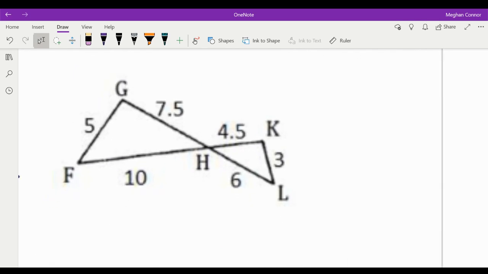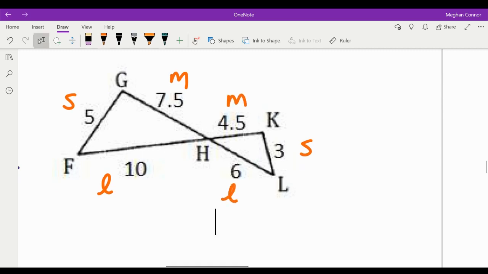All right, this guy's a little bit tricky. I know that if I were to prove it, I could use vertical angles to do side angle side, or I could do side, side, side. I might be looking at this and not know exactly which side lengths to set up, so I'm going to set up my small, medium, large with each of them. I know that 5 is the smallest, 7.5 is the medium, 10 is the largest. And then I continue with that here.